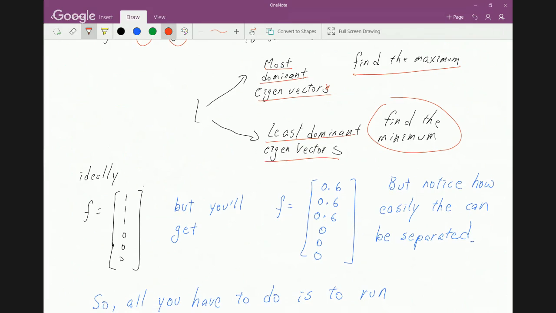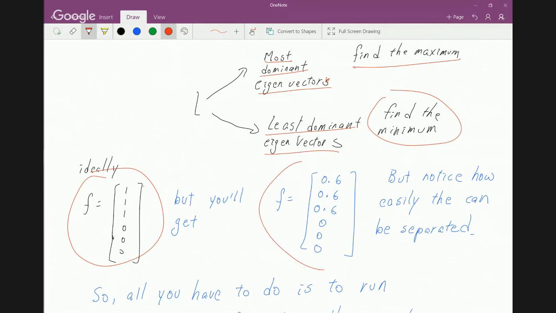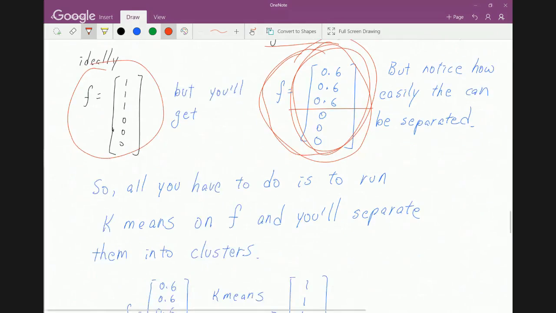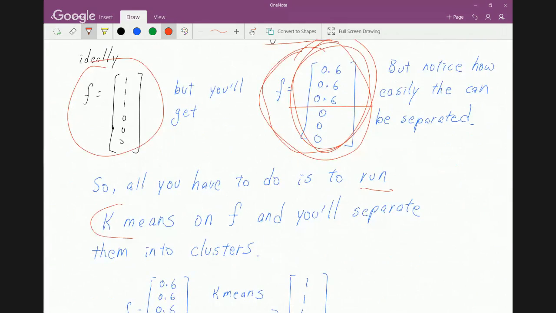Of course, ideally, we want this solution. But if you find the eigenvectors, it's actually more like an approximation. You will see something that's more similar to this. Of course, you can still separate them out. It's pretty obvious visually. So once you have gotten this form with the eigenvectors, all you do is run k-means on it.